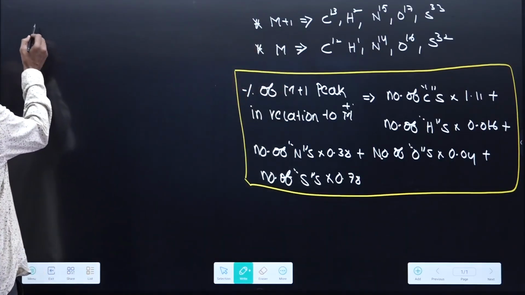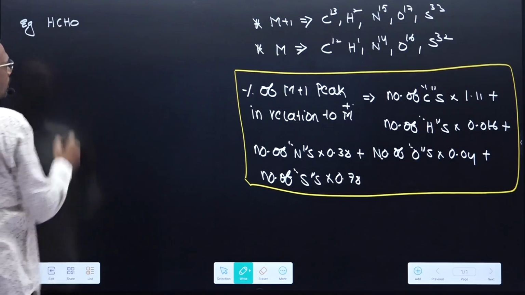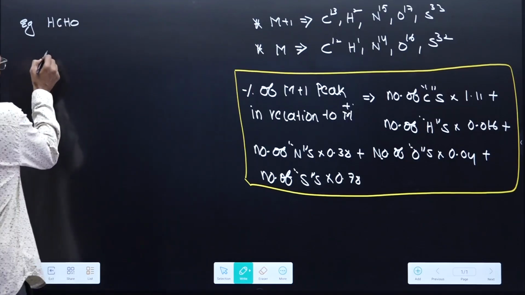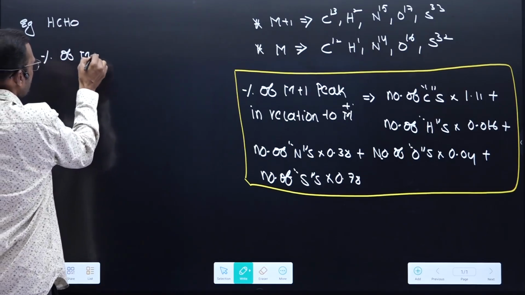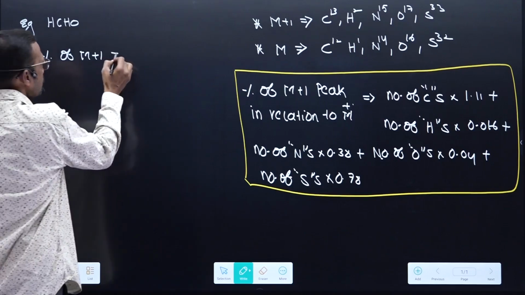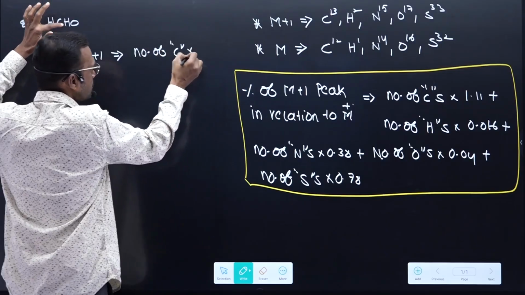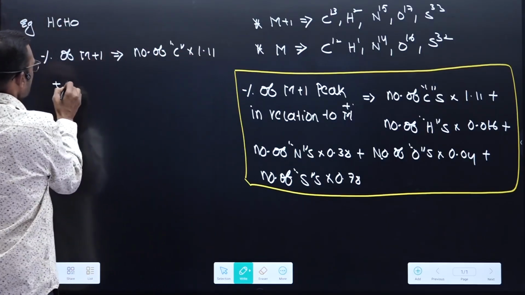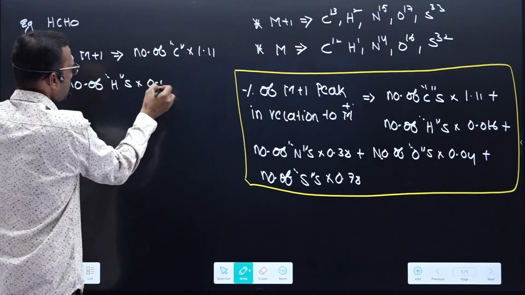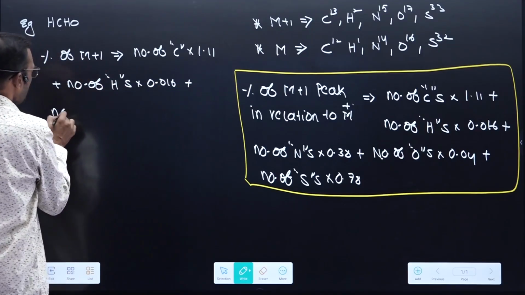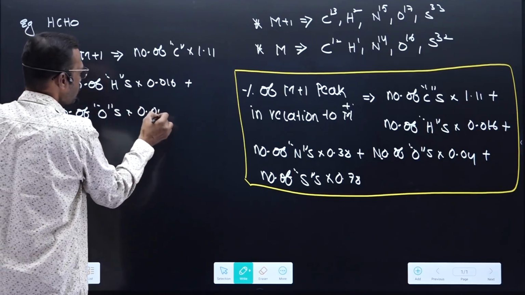Okay, suppose the best example I am taking is formaldehyde, HCHO. Suppose I want to calculate percentage of m+1 peak. Here percentage of m+1 peak is equal to, how many elements are present here? Only carbon. Number of carbons multiplied by 1.11 plus number of hydrogens multiplied by 0.016 plus number of oxygens multiplied by 0.04.